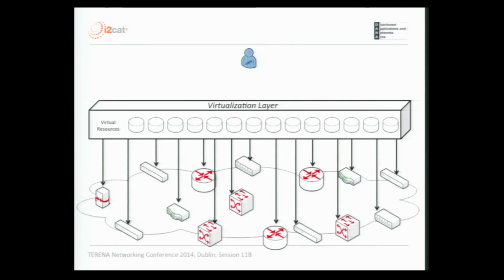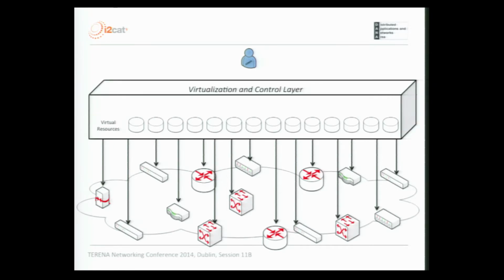Once we have these virtual resources or virtual infrastructures, we need to control them. You are virtualizing the infrastructure, but once it is virtualized, you need to configure and control these virtual resources, because you want to provide services that are constantly changing. We had the control planes on top of these virtual infrastructures. And what is happening nowadays is that we are going one step beyond.